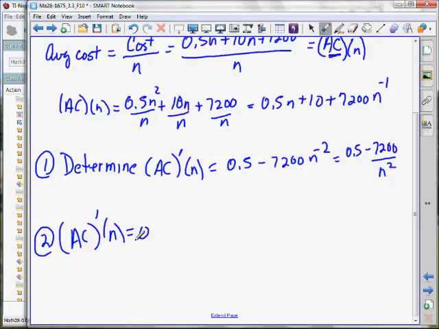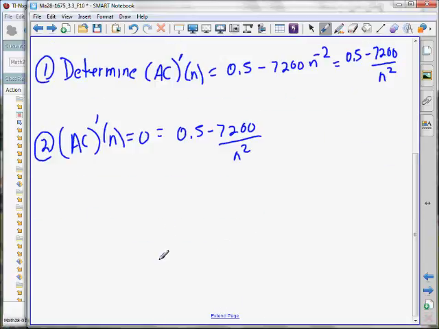So set it equal to 0. And then just solve the problem, right? Sounds easy enough, but when you solve this, remember you've got two terms that are subtracted, so we probably would want to start with adding 7,200 divided by n squared to both sides.